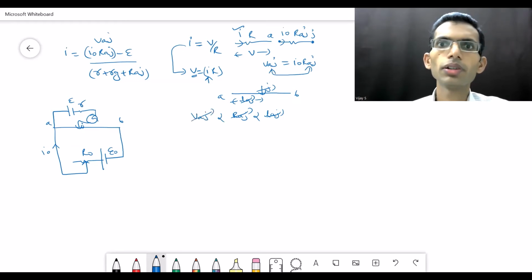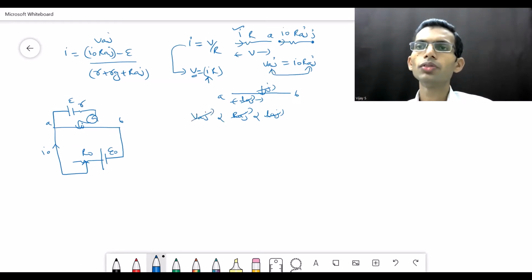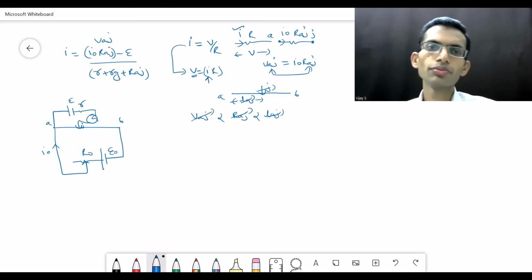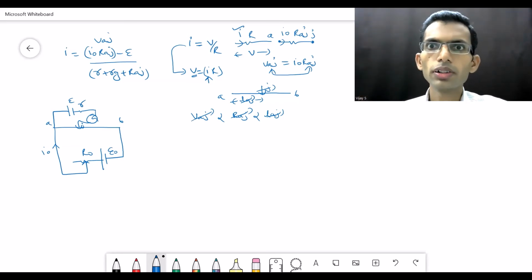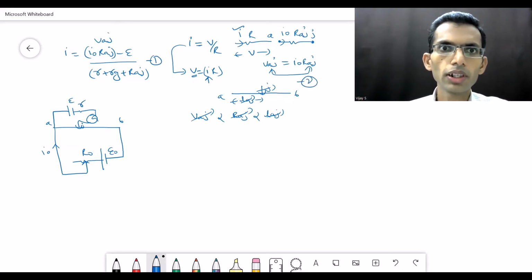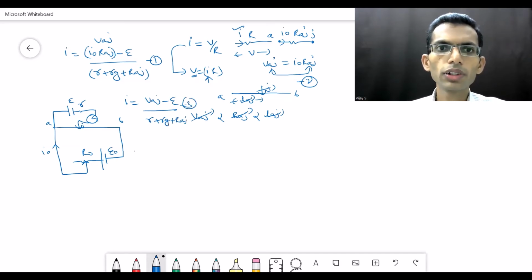This is what happens when we move the contact position on wire AB. Let me take it as equation. This is 1, this is 2. Let me write I is equal to, when we substitute, VAJ minus E by R plus RG plus RAJ. This is 3. So when we vary the moving contact position, this varies.